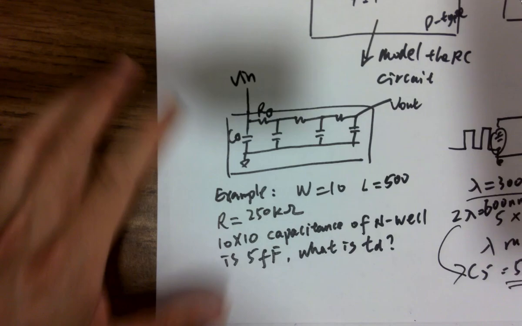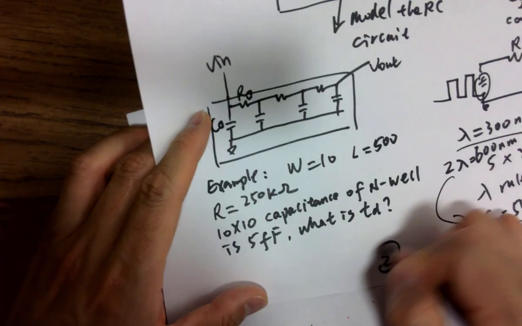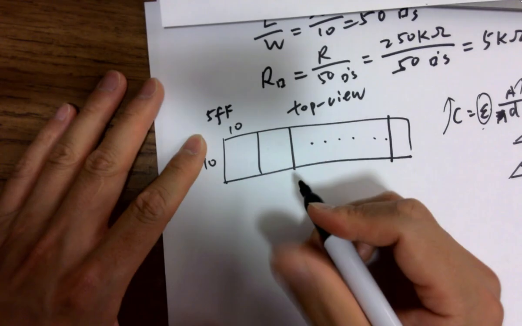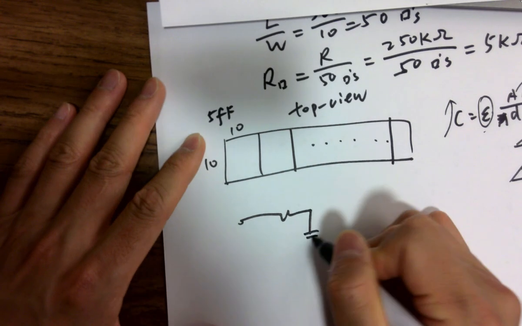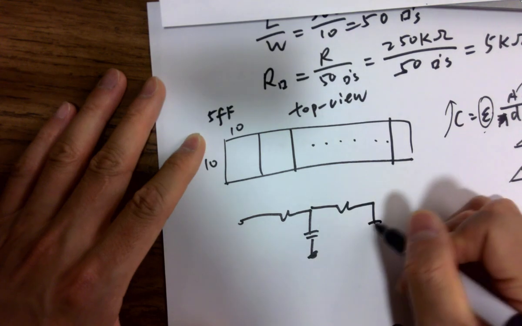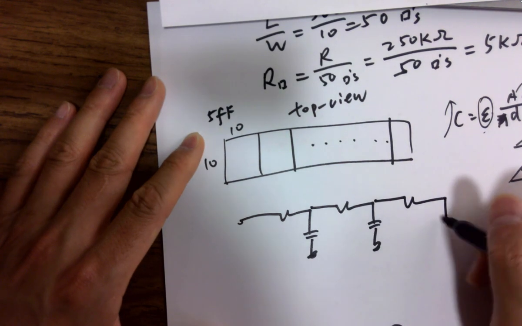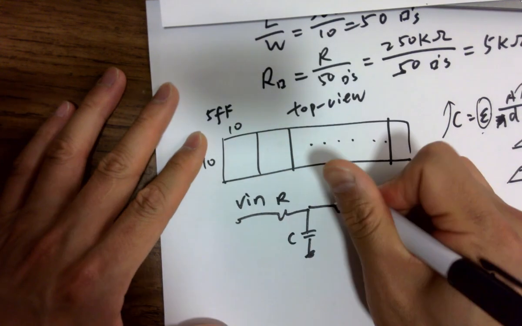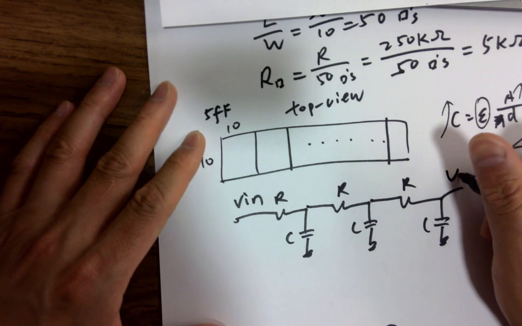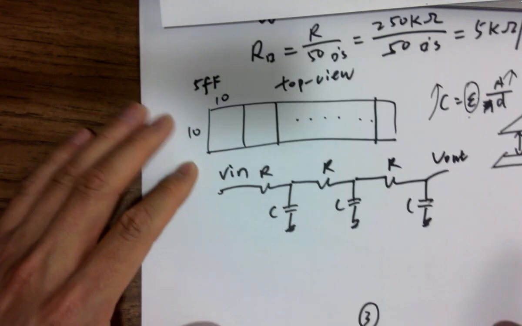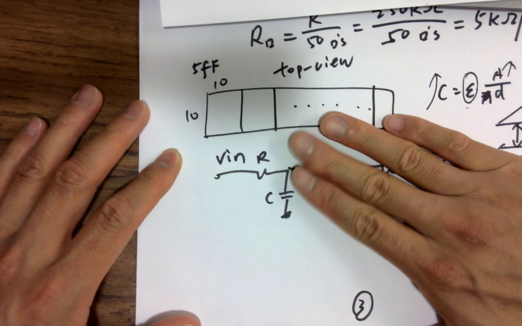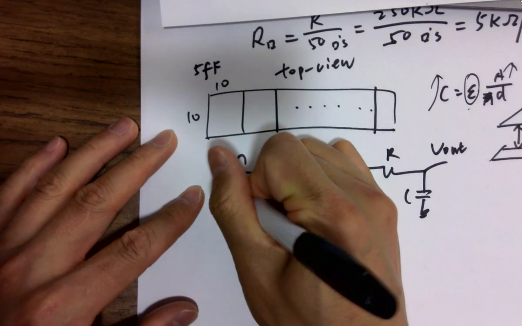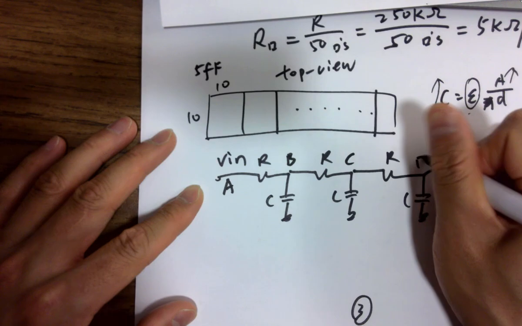Let me draw it. V in, if you have this type of circuit, RC, RC, RC. So they're asking you to calculate the time delay. We know how to calculate the time delay like this, right? If we label these points as A, B, C, D.